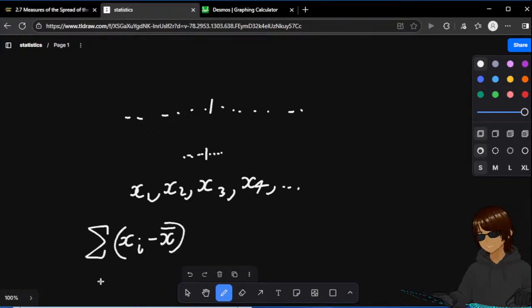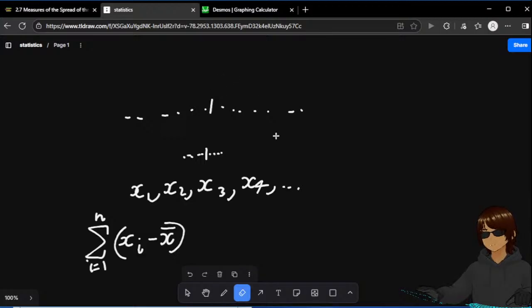But the problem with this is, we will take this distance added with this distance added with this distance, adding the distances and so on. But there will be negative distances over here. So all the negative distances plus all the positive distances will equal 0. Since we are calculating distance from the mean, distances on the positive side will cancel out with the distances on the negative side.